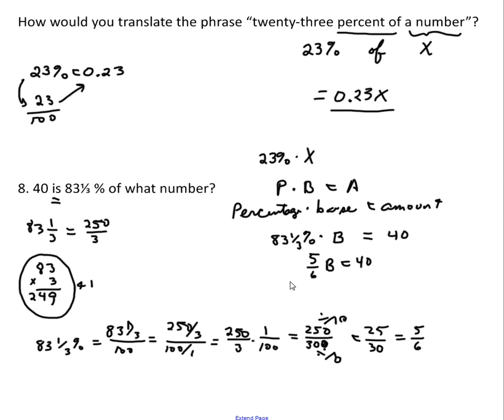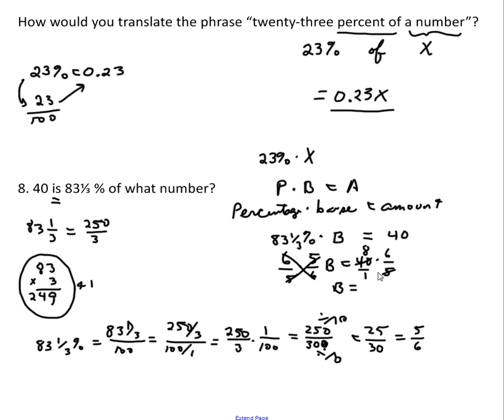Okay, so this is a little bit easier. This is like our fractional expression that we looked at before. So we're going to multiply by 6 over 5 on both sides. To solve this one, multiply by the reciprocal. Of course, these things are both going to leave us with our base, b. We're going to take 40 times 6 over 5. But 40 is the same thing as 40 over 1. 40 divides by 5 to give you 8.